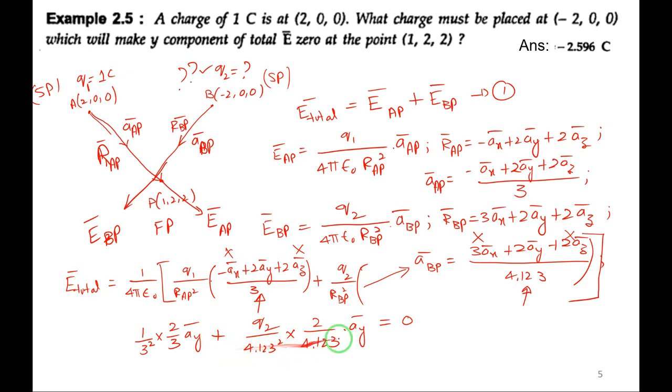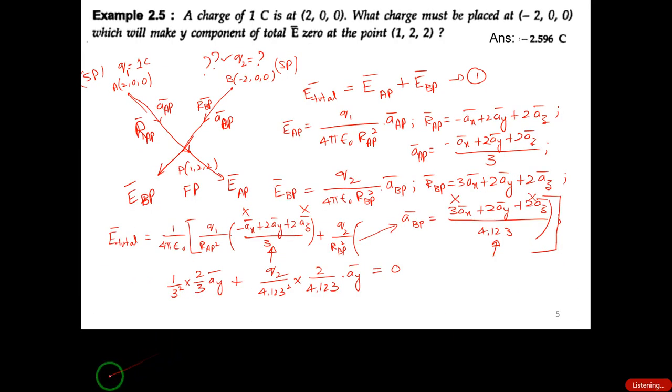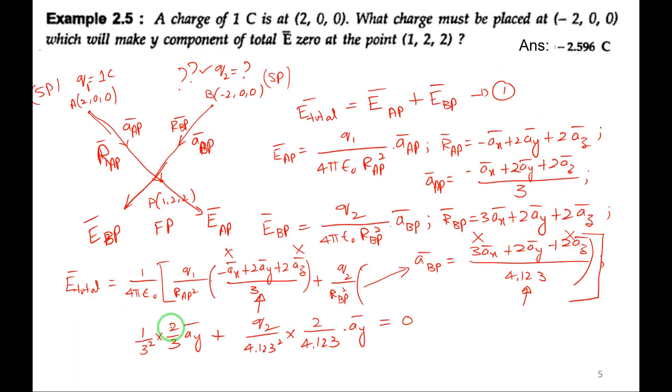So I will calculate the first one, what I will be getting. So I will write it here. 2 divided by 3 cube, 3 square into 3 cube, right? 3 3 9, 9 3 27. 2 divided by 27, that is 0.074.